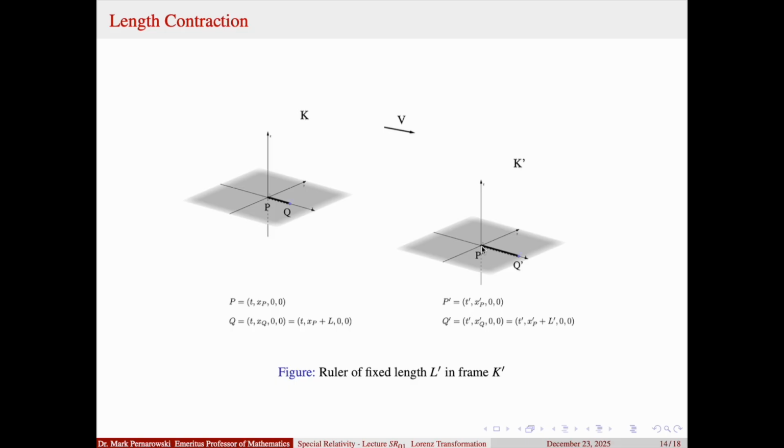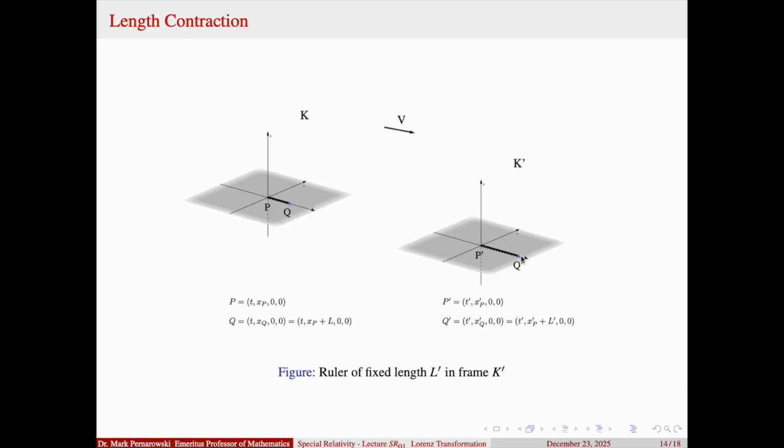It has a left endpoint at point P prime and a right endpoint at Q prime. In this reference frame, this ruler is fixed to this axis. It's not changing length, and its left and right endpoints stay the same to any observer in K prime.